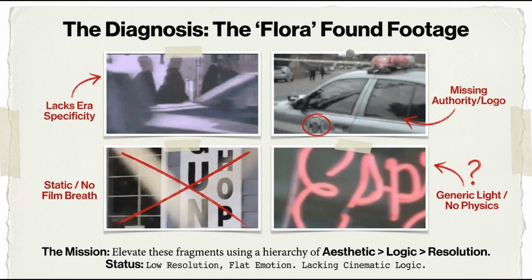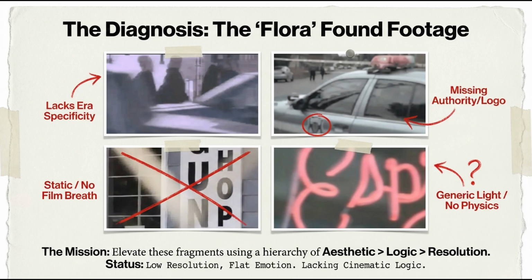First, the vacuum of aesthetic traits. The frame lacked specific period crowd visual cues. No breath. The motion was stiff, like the rhythmic pulse of film was lost, and with it visual authority.